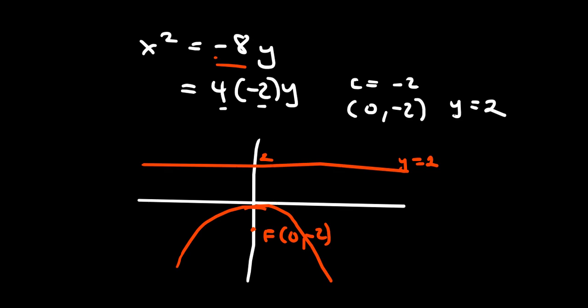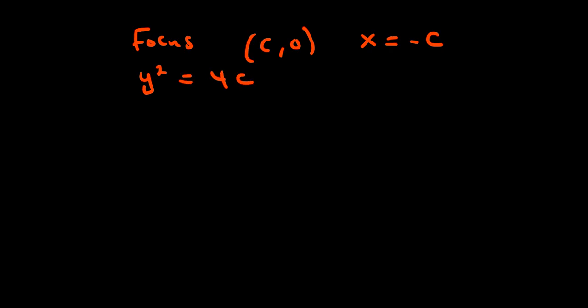Let us move on and look at another case, where our focus is (c, 0) and our directrix is x equals negative c. Then the equation is y squared equals 4cx.